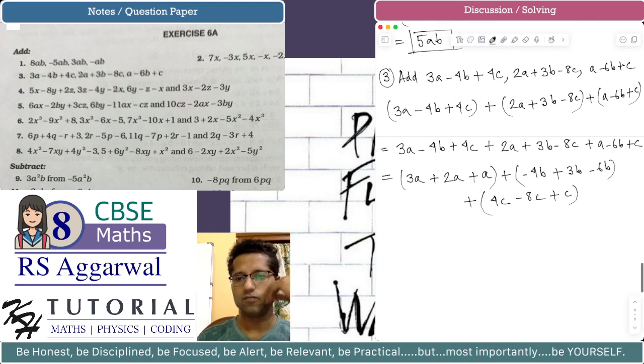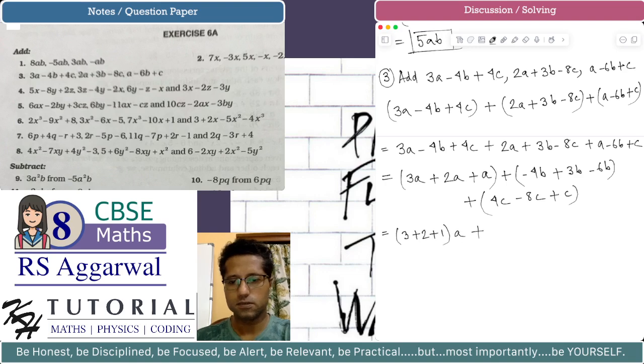Now we have grouped all the like terms and we know how to add like terms. So this will become 3 plus 2 plus 1 a, plus minus 4 plus 3 minus 6 b, and we have 4 minus 8 plus 1 c.